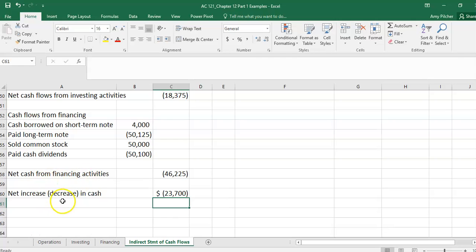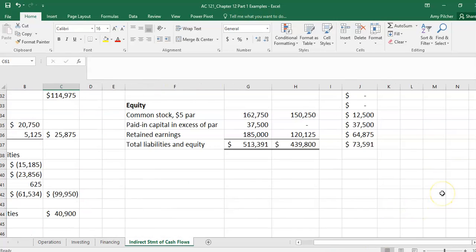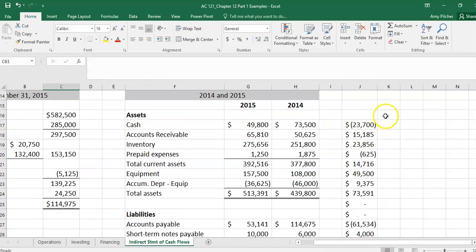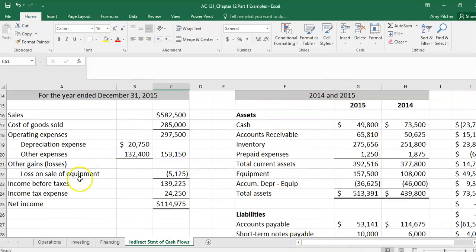That says that we had a decrease of $23,700 in cash. That should match the change in the cash account, $23,700. It matches. This means that we added and subtracted everything correctly in our statement of cash flow because we explained this $23,700 change in cash.